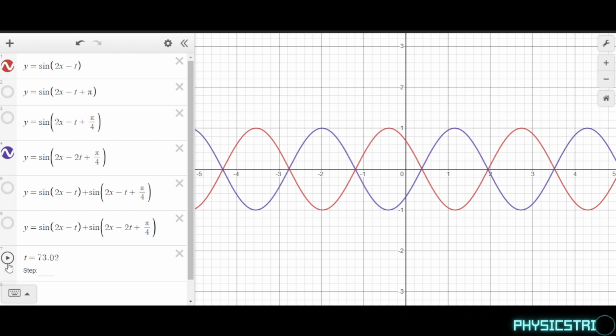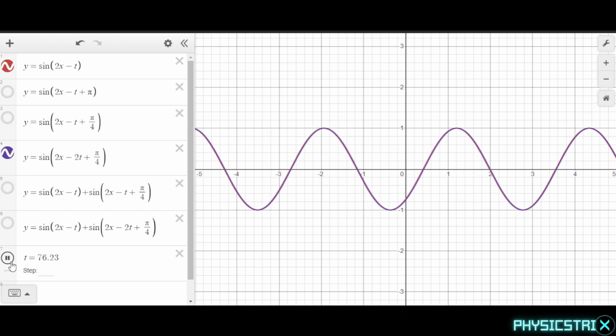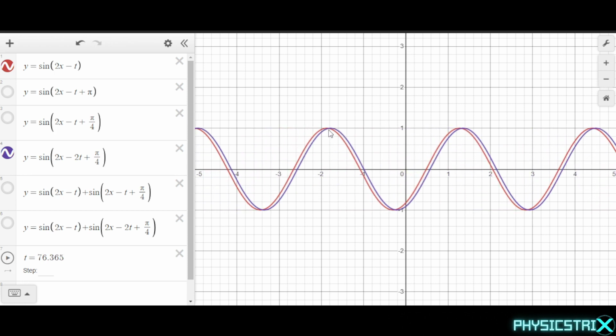So the phase difference between them here is going to be pi, and then after some time, here, it could be closer to 0. So in this particular case, we say these two waves are not coherent.